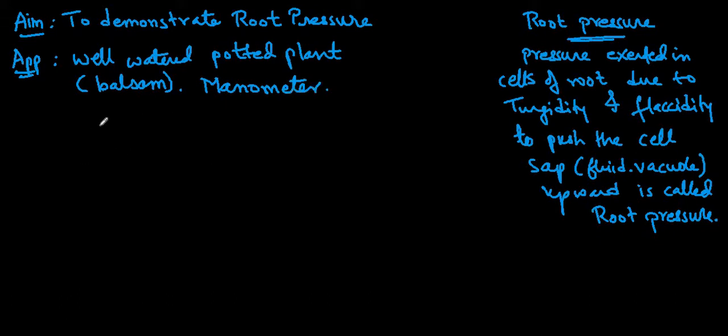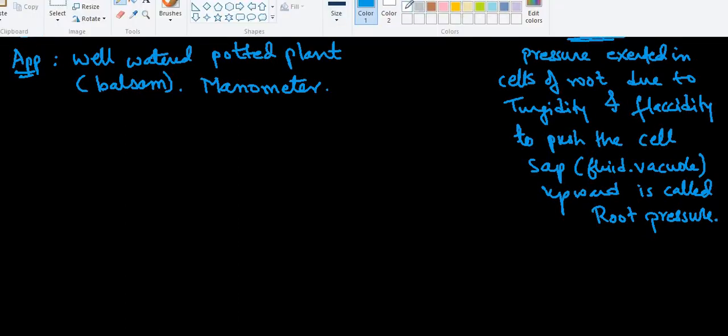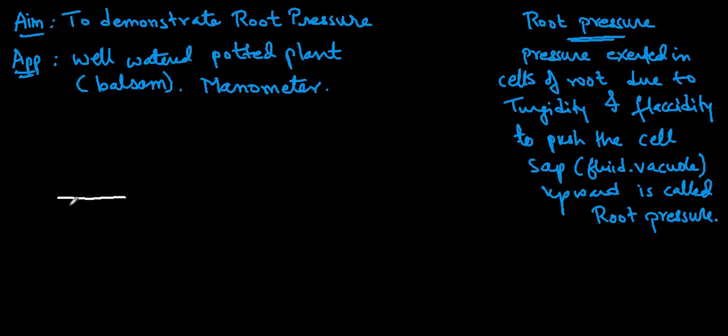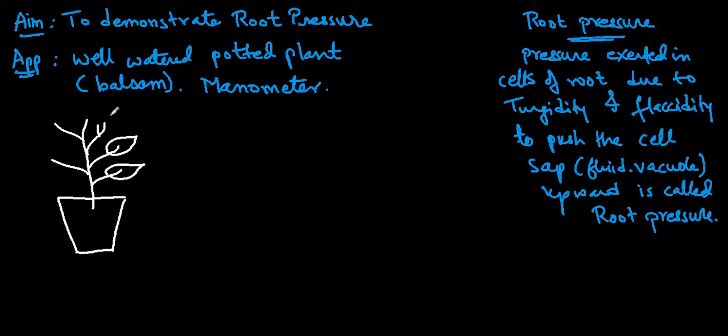So now you will be having a well-watered potted plant, that is balsam plant, which is going to have a well-developed root system and well-developed leaves, as well as its stem is very well developed.